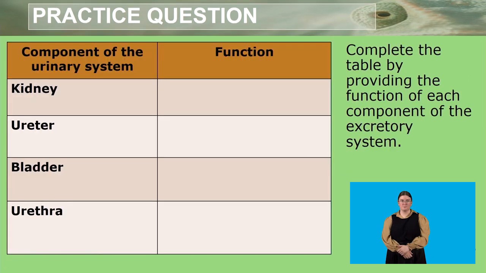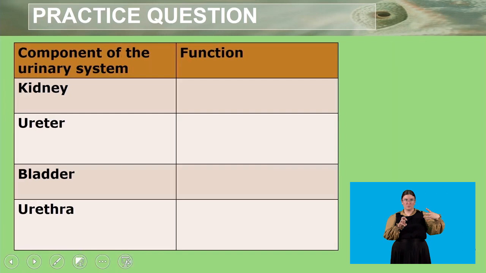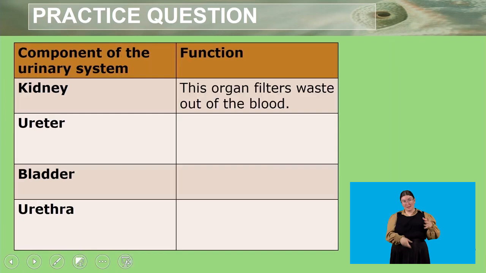The next instruction says, complete the table by providing the function of each component of the excretory system. So you have been given the 4 components of the excretory system, namely the kidney, ureter, bladder, and urethra. The function of the kidney would be that the kidney filters waste products out of the blood.